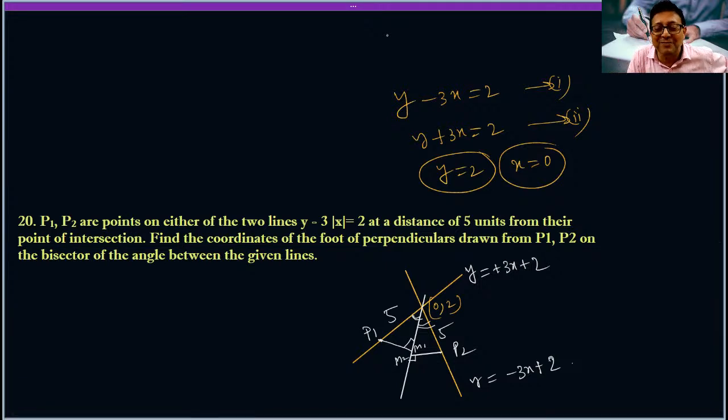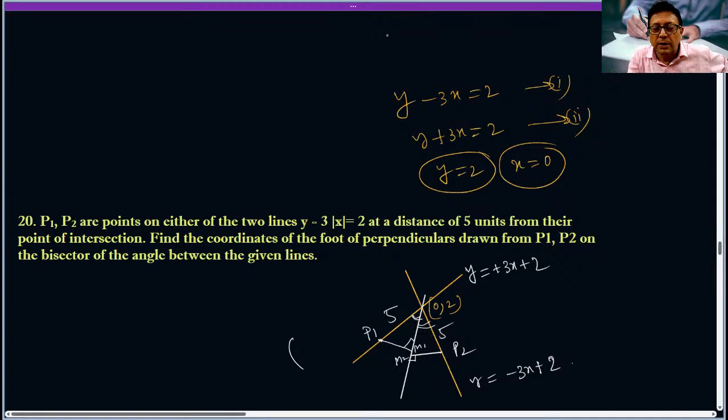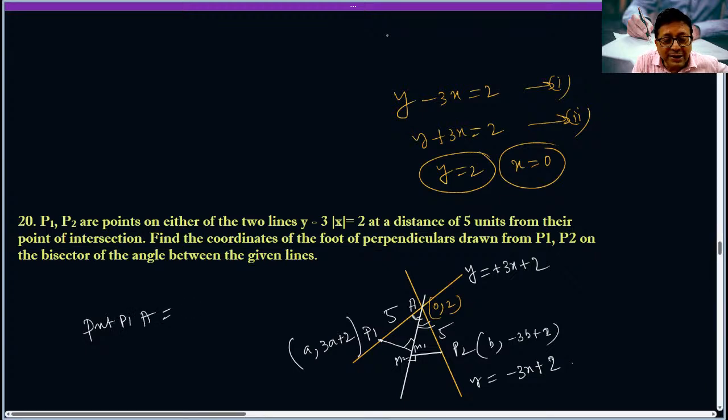You find the point by taking P1 point, how I am taking. See, you take x equal to a, then y will be 3a plus 2. Here you take x equal to b, then y will be minus 3b plus 2. Can't you find a and b? Put P1A equal to 5.